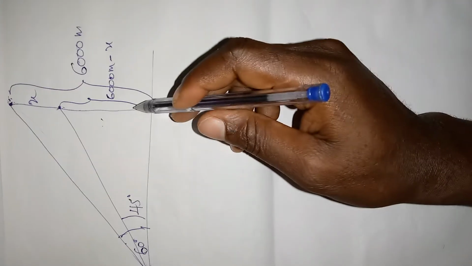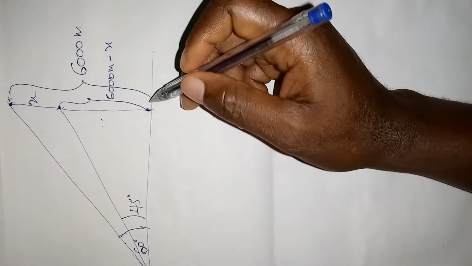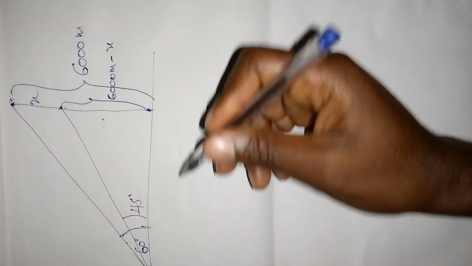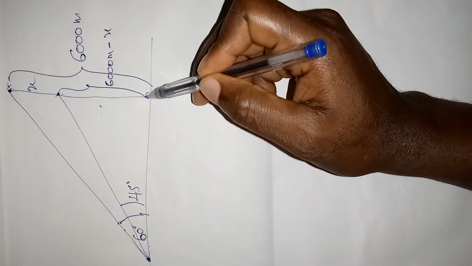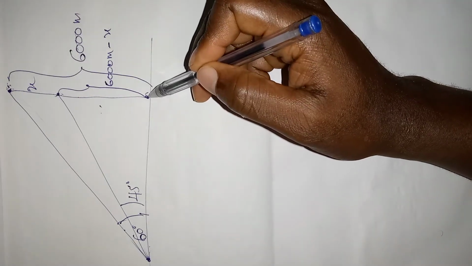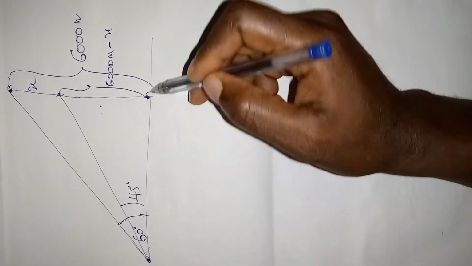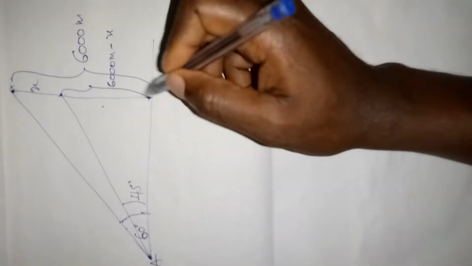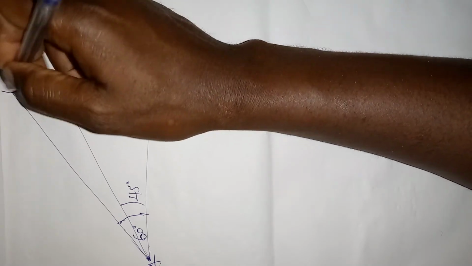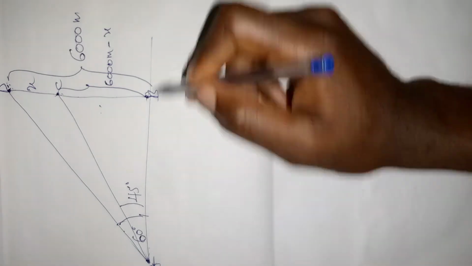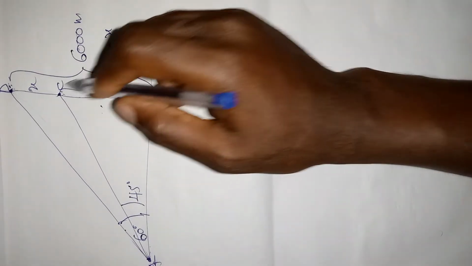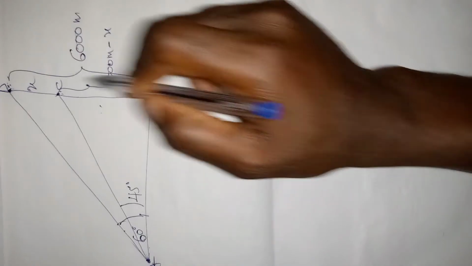Now, if that is the situation, then we can develop an equation: the distance from the observing point to the corresponding height of the plane from the ground will be the same for both triangles. Let me capture it as A, B, C, D. For triangle ABC, the length AB will be the same for triangle ABC and triangle ABD.